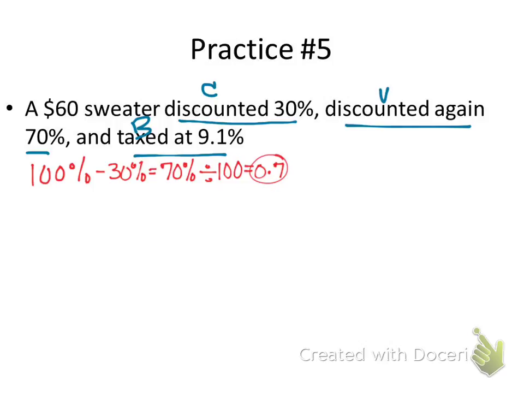All right, Vernell, we're on to you. So you're doing my second multiplier. So I start at... what number do I always start at? Step 1 is 100 what? So 100%. Then what?